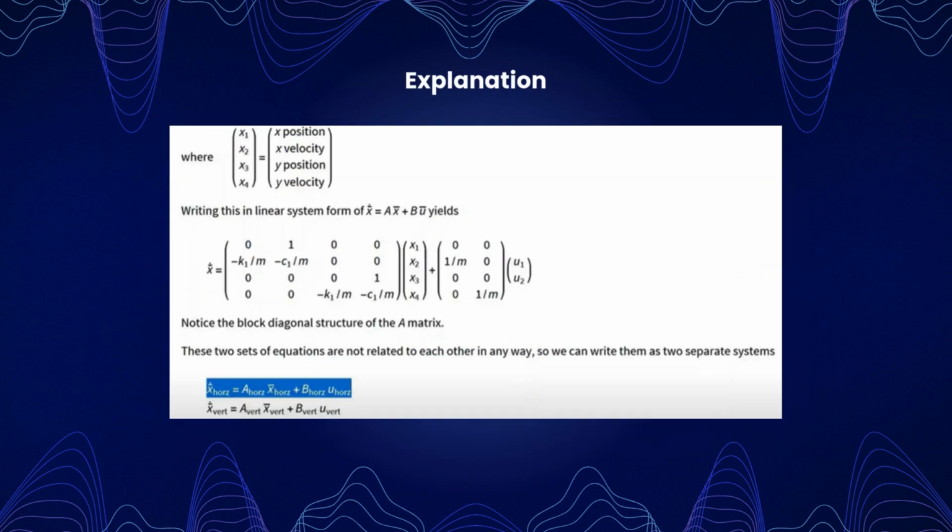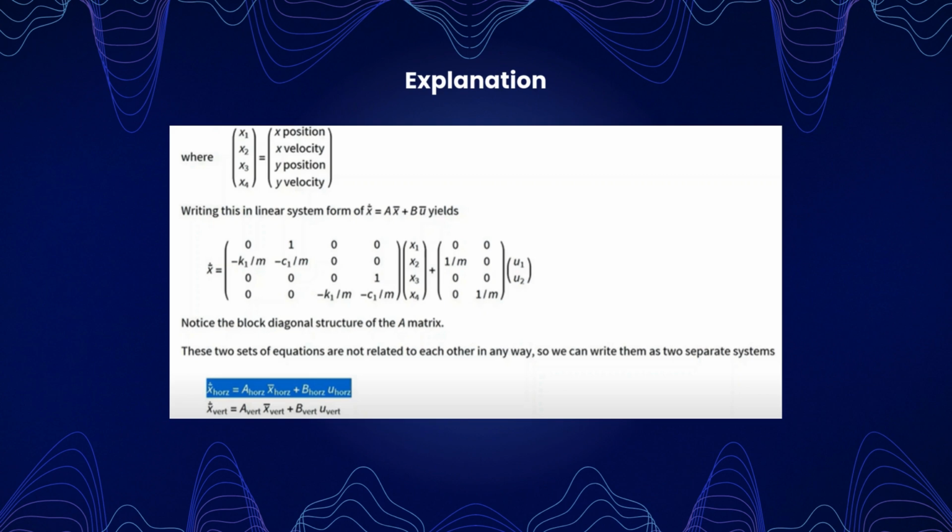So in this example, what I mean is, let's say you have x1 to x4, and we know that x1, x2 is for the x-axis, x3, x4 is for the y-axis. So what this means, let's say for this matrix, since the block here is all zero, that means these two parts at the top only affect the x-axis, because x3 and x4 are always zero. So the first two variables are not affected by the second two variables, and the same goes for below here.